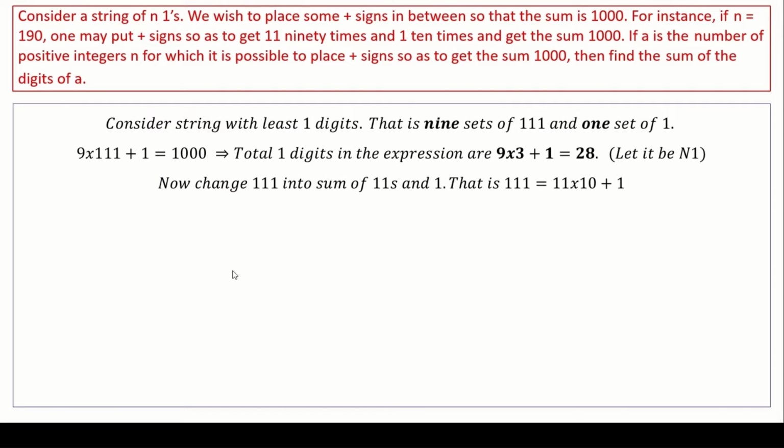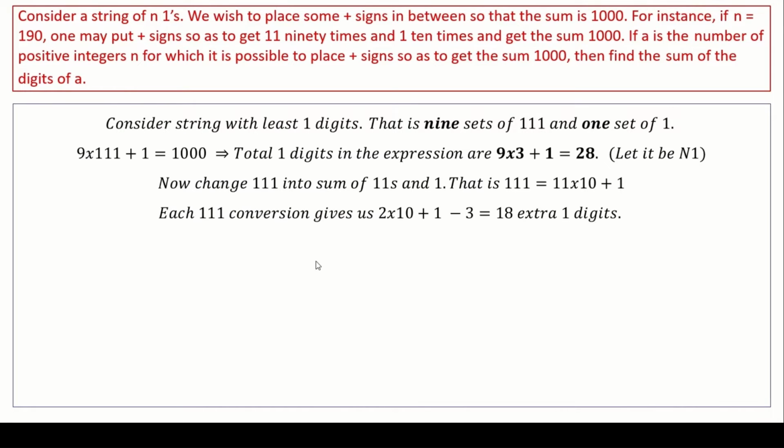Now next, I will convert one of these 111s into a sum of 11s and 1s. How many can I convert? 11 into 10, that is 110, plus 1, which is 111. So I can convert 111 into 11 plus 11 plus 11, 10 times, plus 1.